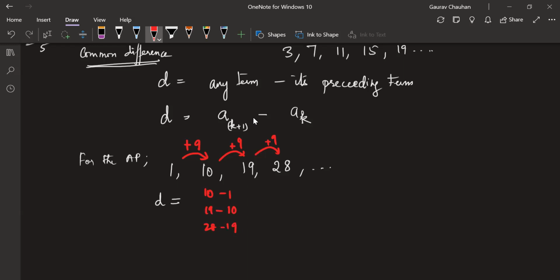So basically it's any term, the (k+1)th term minus the kth term. Why I'm saying, Mansa? Fifth term minus fourth term, can you say that? Yes, sir. Seventh term minus sixth term, can you say that? Yes, sir. So that is how I'm generalizing as the (k+1)th term minus the kth term.